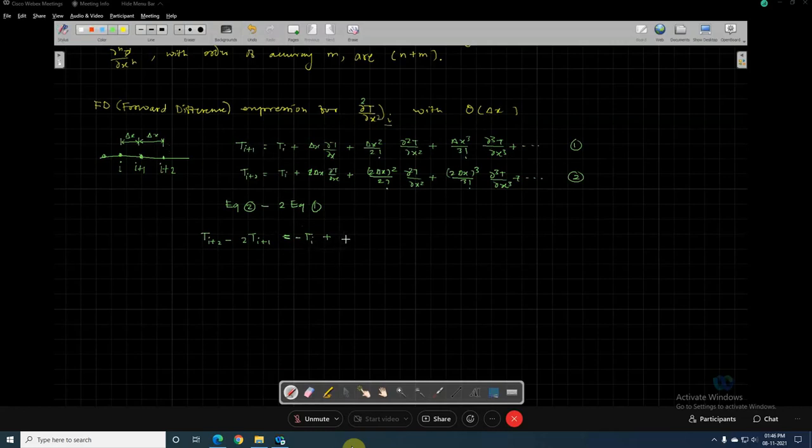So this expression goes like delta x square, I mean twice delta x square minus delta x square del 2T del x2 plus order delta x cube.